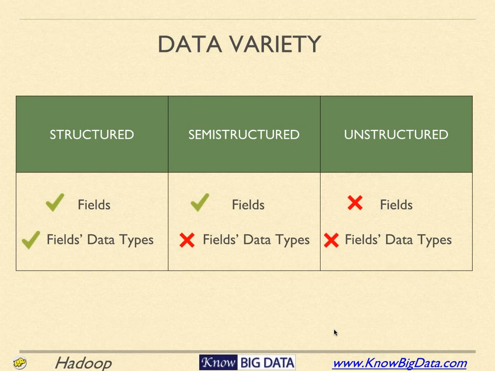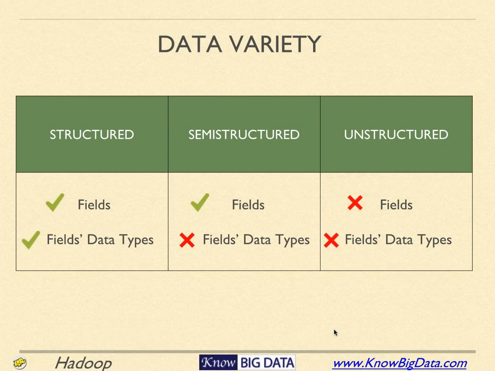Because inside XML, if you put a number, you have to clearly specify that this particular value is a decimal or a number, and this particular value is a non-number. Although you are free to not define it that way, and hence most XML data is considered semi-structured because you don't know the data type of the field.